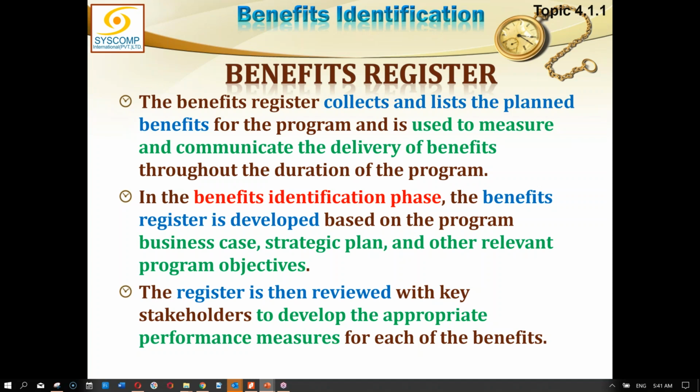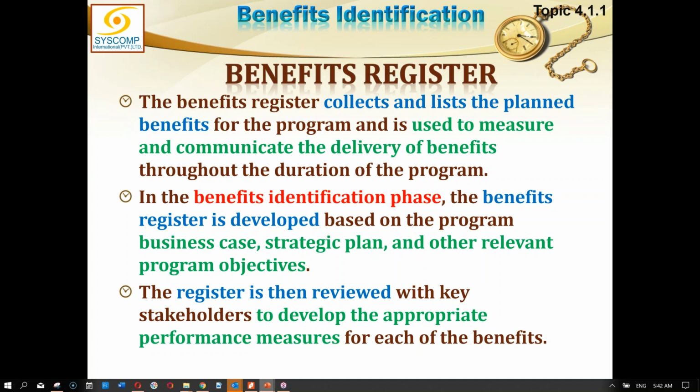So this is a mechanism. Whatever benefits I am delivering, I will be reporting it to the benefit register, and it will be updated. The status of the benefit will be updated, and by just seeing the benefit register, I would know what the progress is. Where do we stand as far as the achievement of this benefit is concerned?